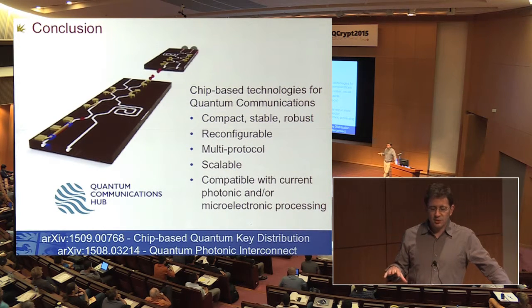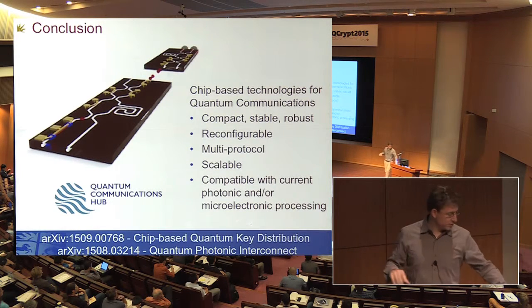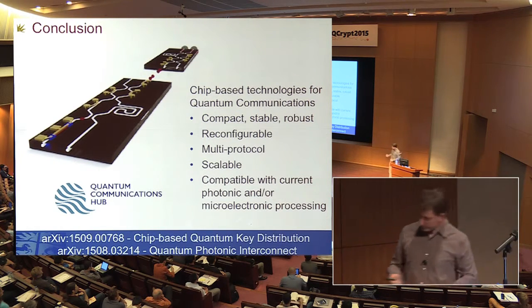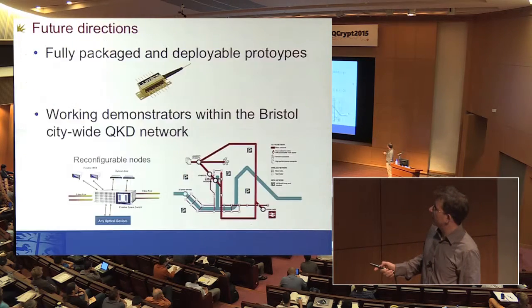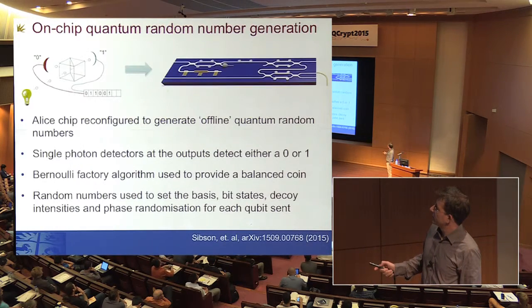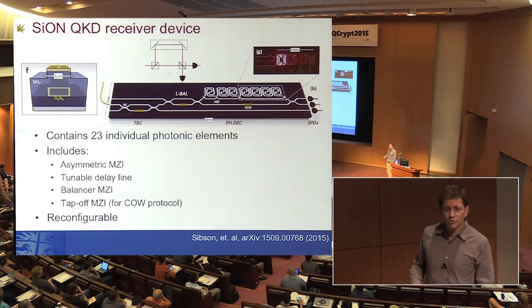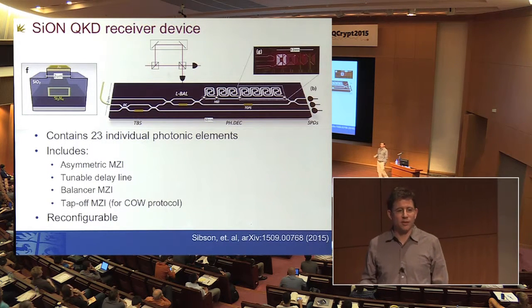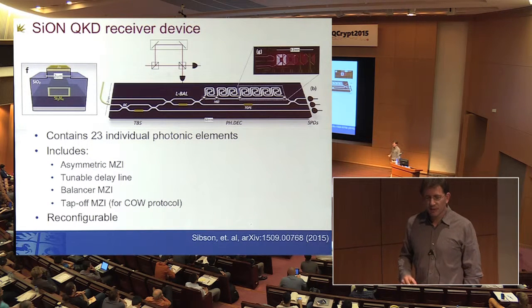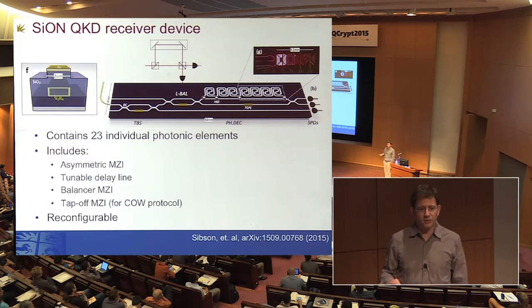And with these chips, we do relatively little stabilization. So with the receiver chip that has the delay line on it, we set the temperature of this, and we can control the temperature really quite well. And once we've set the temperature, the whole thing remains completely stable.